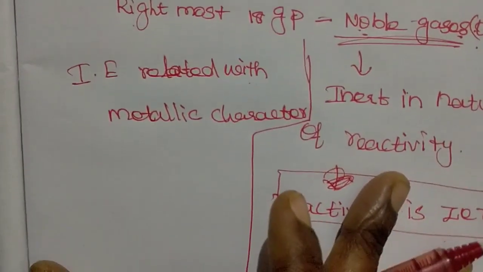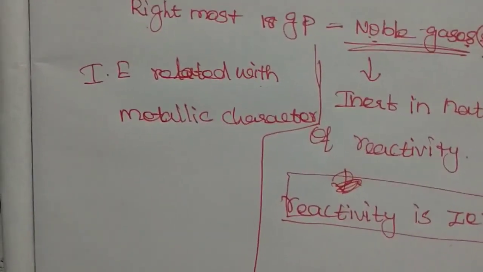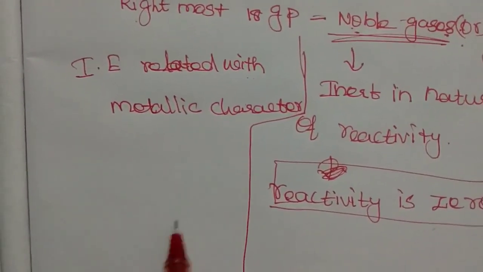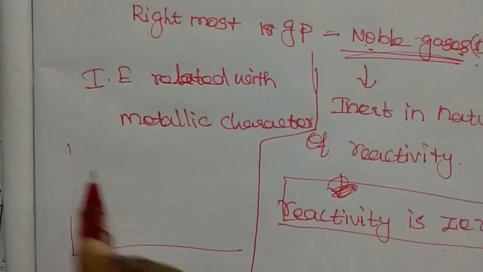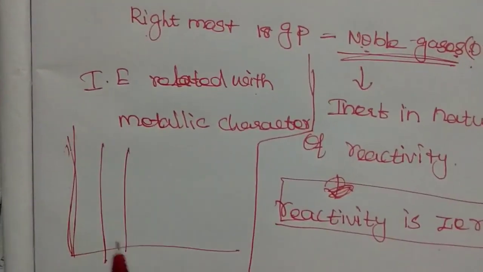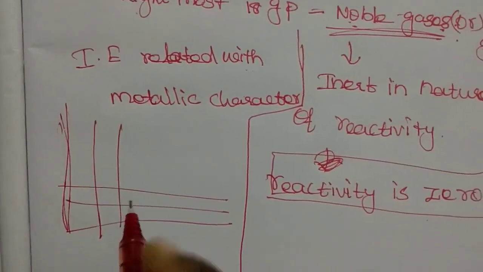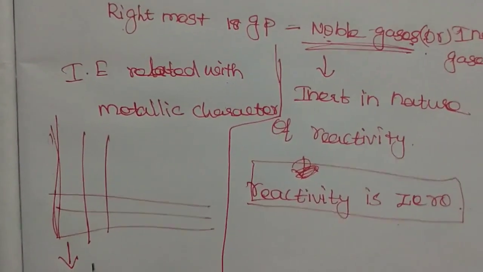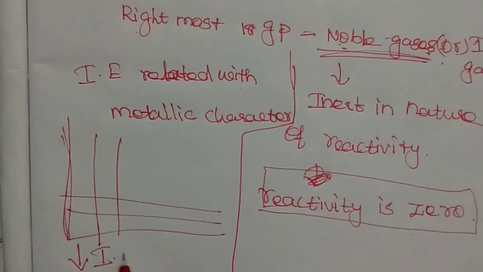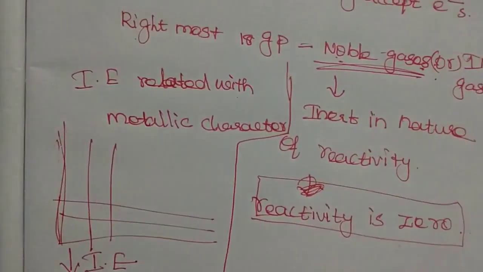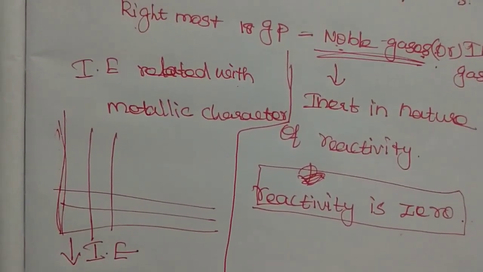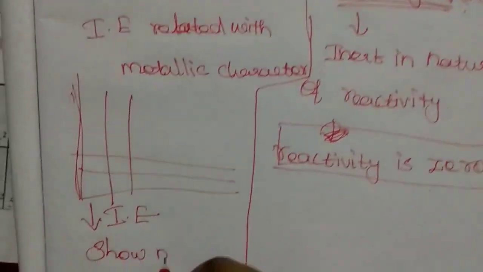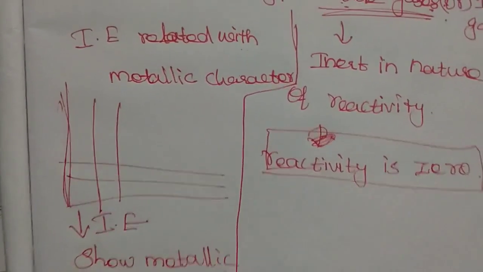Take a modern periodic table and look at the lower portion of the leftmost side. The elements arranged at the leftmost of the modern periodic table have low ionization energy, so they show metallic character.